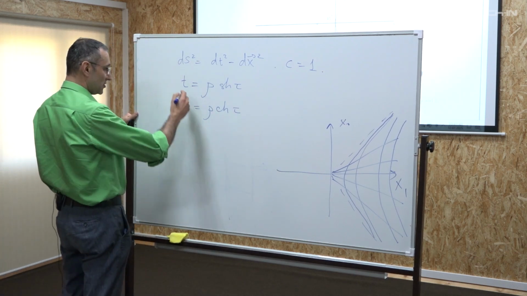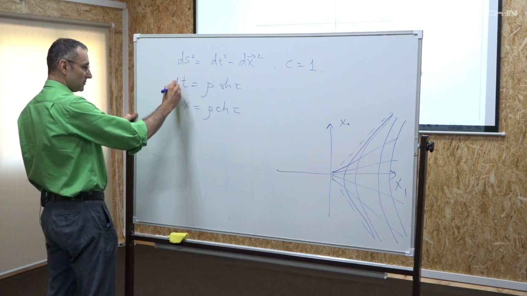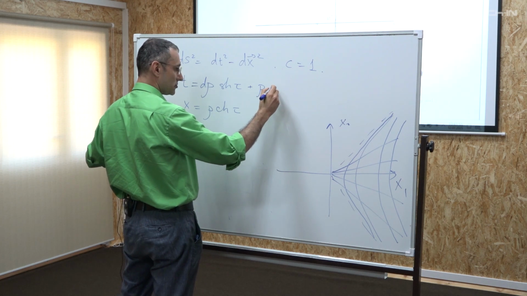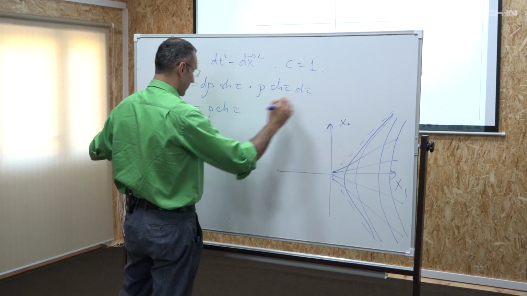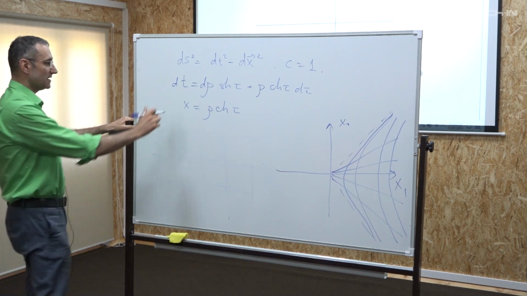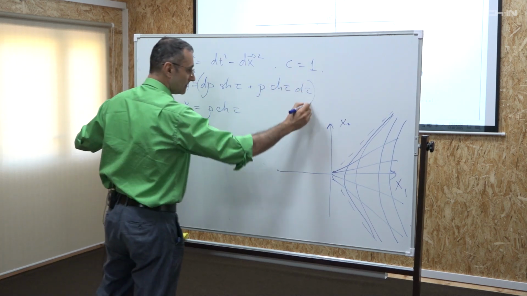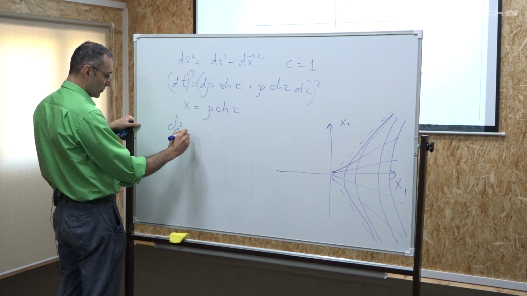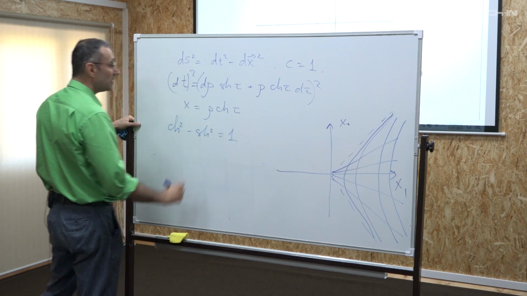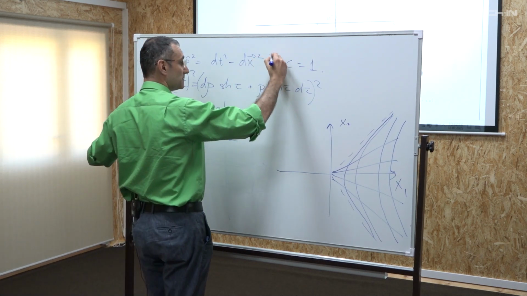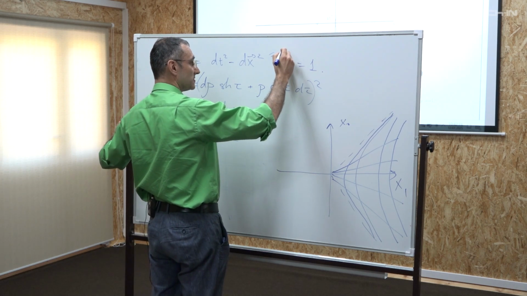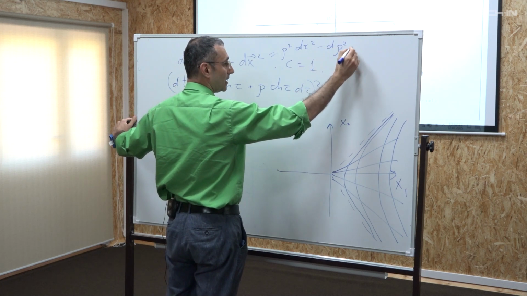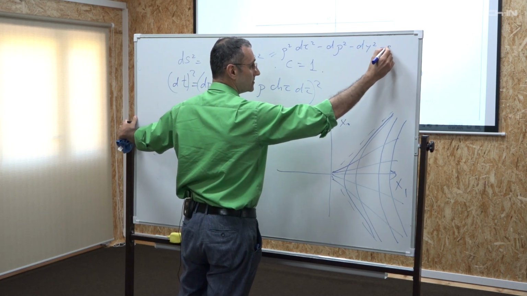Now, if I take d rho sinh tau plus rho cosh tau d tau, do the same for x1, square it and put it into the metric, and use the fact that cosh squared minus sinh squared is equal to 1, I get that ds squared becomes just rho squared d tau squared minus d rho squared minus dy squared minus dz squared.